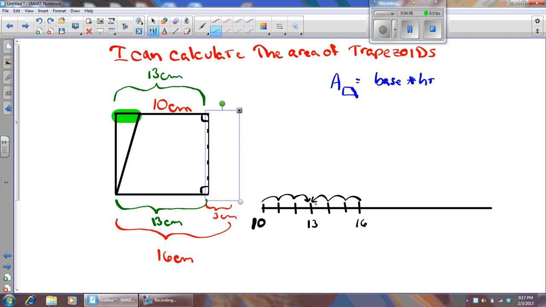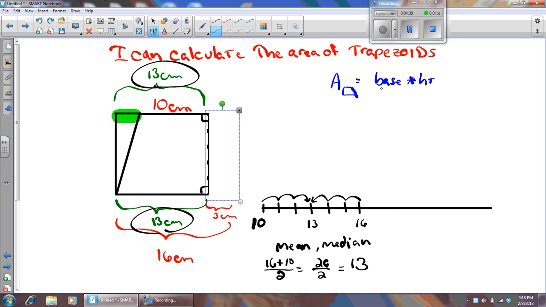Well, this was a lot of work to find out how long the base needs to be. But finding the number in the middle of two numbers is also the same as finding the mean. Or you could argue that it's also the median in this case. And either one is fine. But to find a mean, we add the two things, 16 plus 10, and then divide by 2. I get 26, divide by 2, and look at that, I get 13, which is the same number we said here.